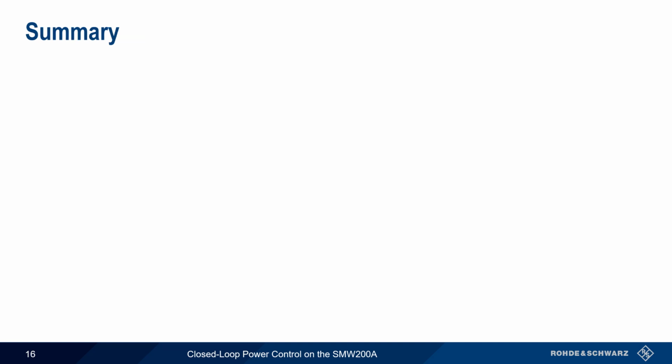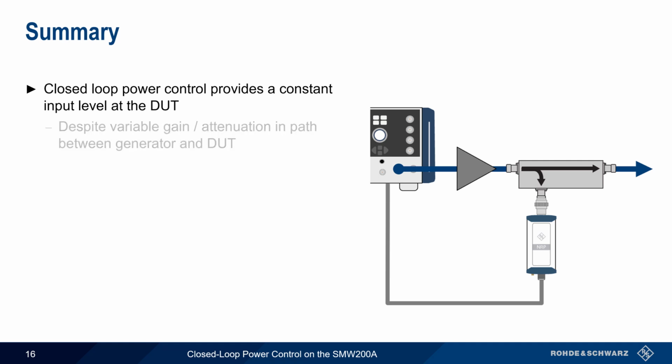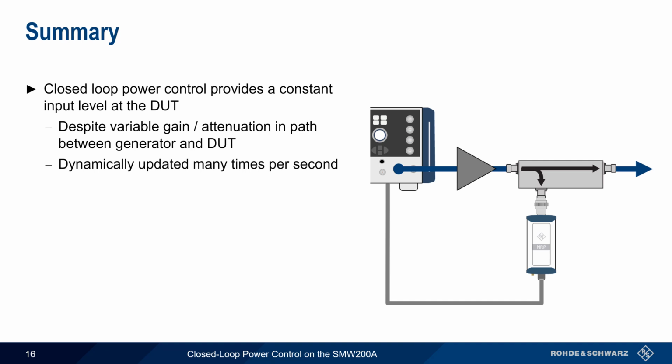Let's end with a brief summary. Closed-loop power control provides a means of maintaining a constant input power level at the device under test. This is possible even if the gain or attenuation in the path between the generator and the DUT changes. Power can be dynamically adjusted in real time many times per second.